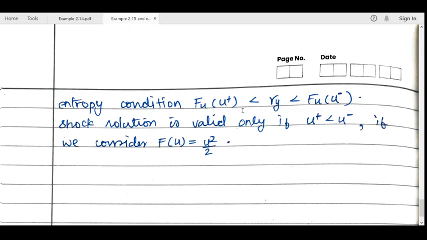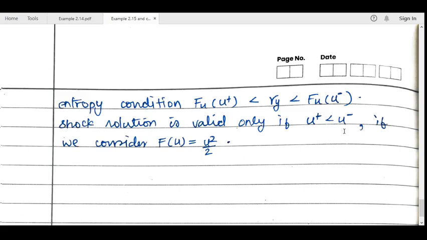If you put f u as u square by 2, you can see that this condition implies that u plus should be less than u minus. Actually, the shock solution is valid only if u plus is less than u minus. It means that if a characteristic which is at the back has a greater speed than the characteristic which is at the front, then a shock will be formed. That is, the two characteristics may intersect.